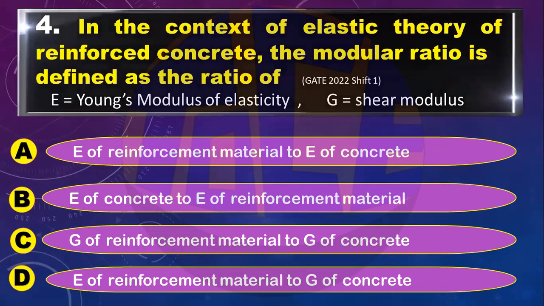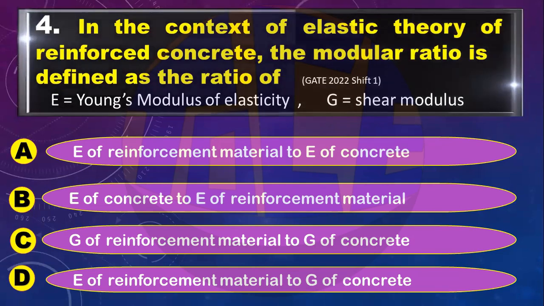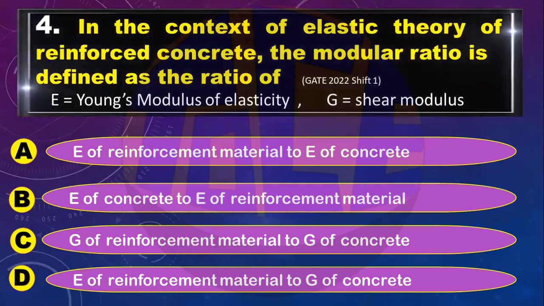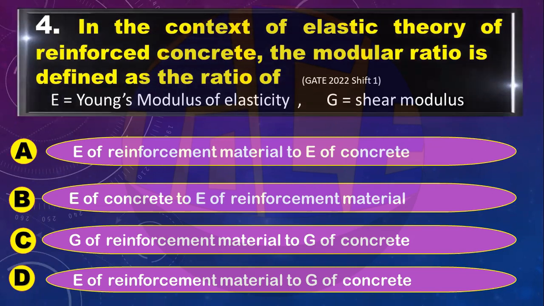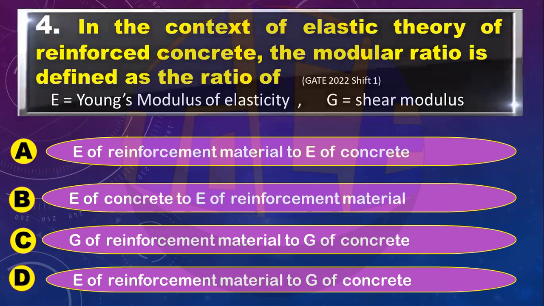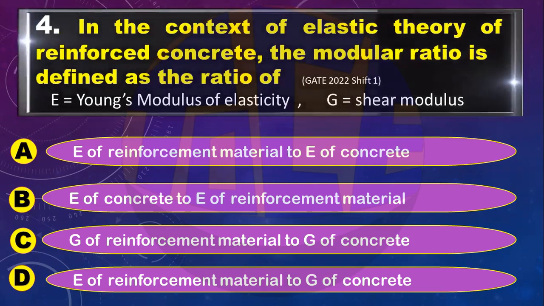Question number 4, in the context of elastic theory of reinforced cement concrete, the modular ratio is defined as the ratio of, where E is Young's modulus of elasticity and G is shear modulus.